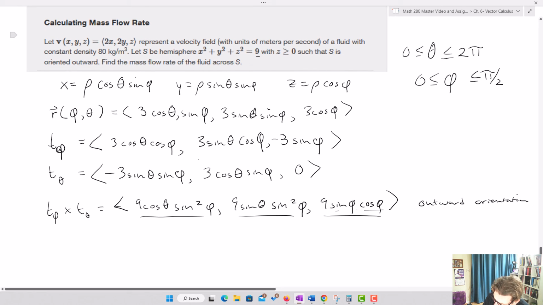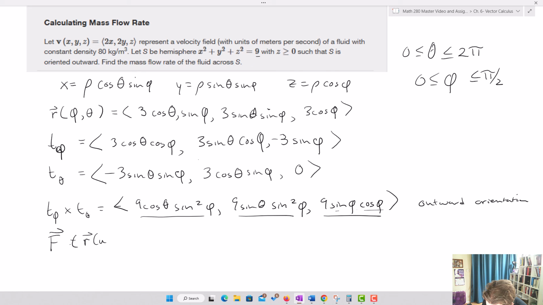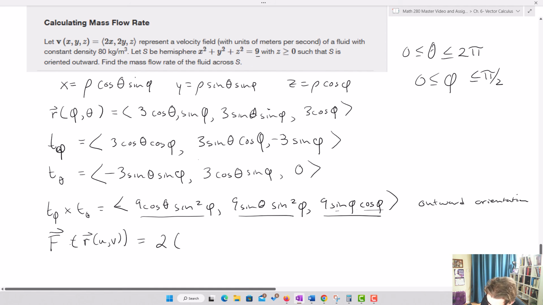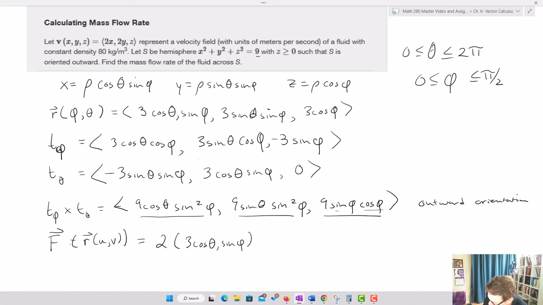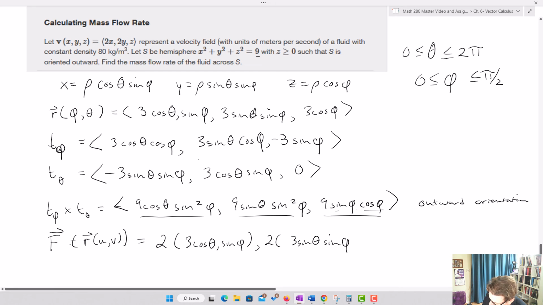Now we're going to take F of, in this case, R of UV. We have to plug in our parameterization. This is going to end up equaling 2 times 3 cosine theta sine phi, and then 2 times 3 sine theta sine phi, and 3 cosine phi.